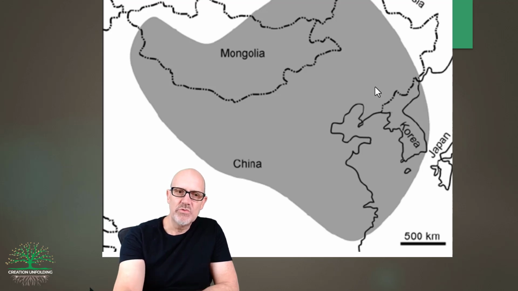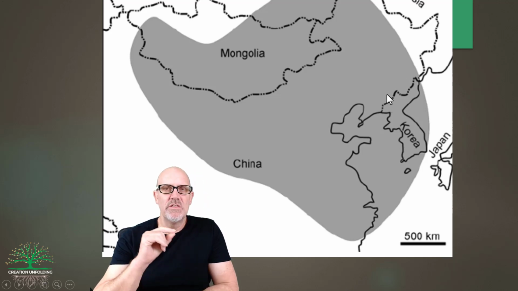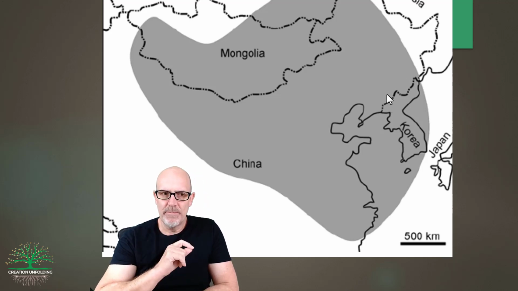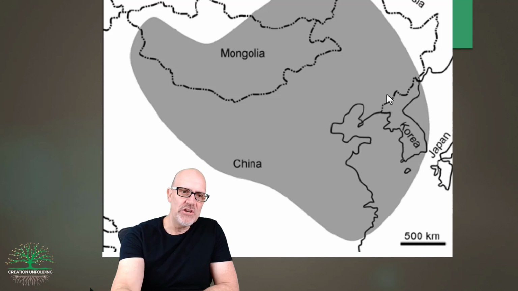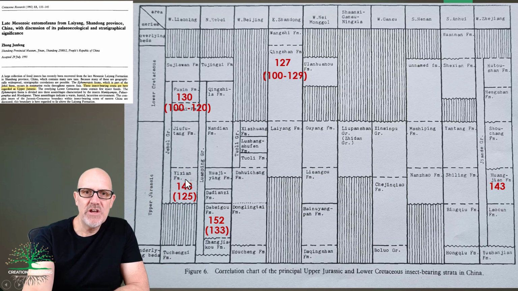But this is really interesting. So in Liaoning, the most famous formations that represent the Jehol biota are called the Jehol Group, and they are made up of the Yixian Formation. I've got a little map here, the Yixian Formation, so here it is here, and this one here, the Jiufotang Formation.